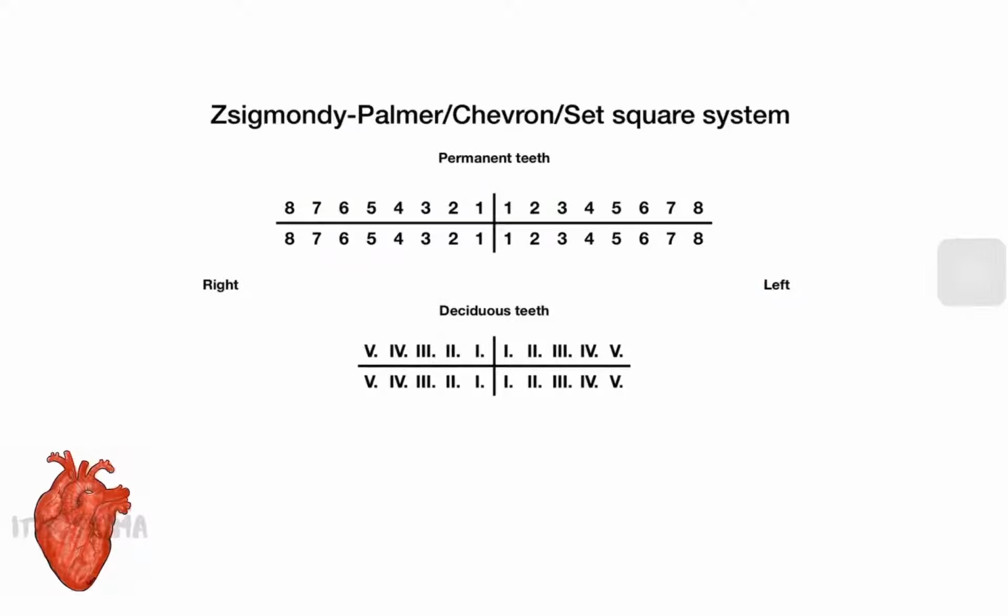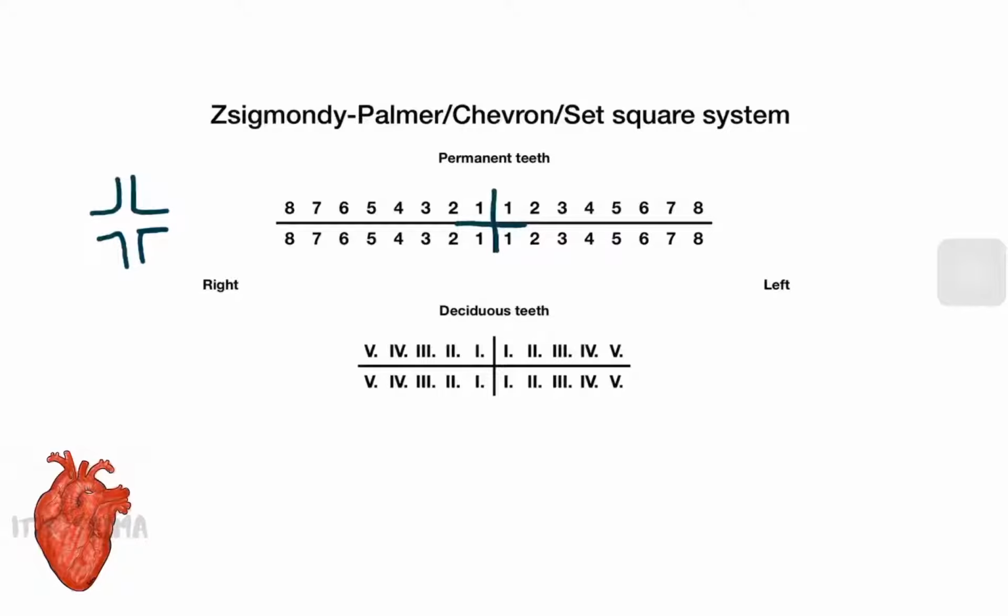In the Zsigmondy-Palmer system, in order to show the position of the teeth, we use these signs, which indicate which arch the teeth are in and on what side. From the midline, we start to number them.